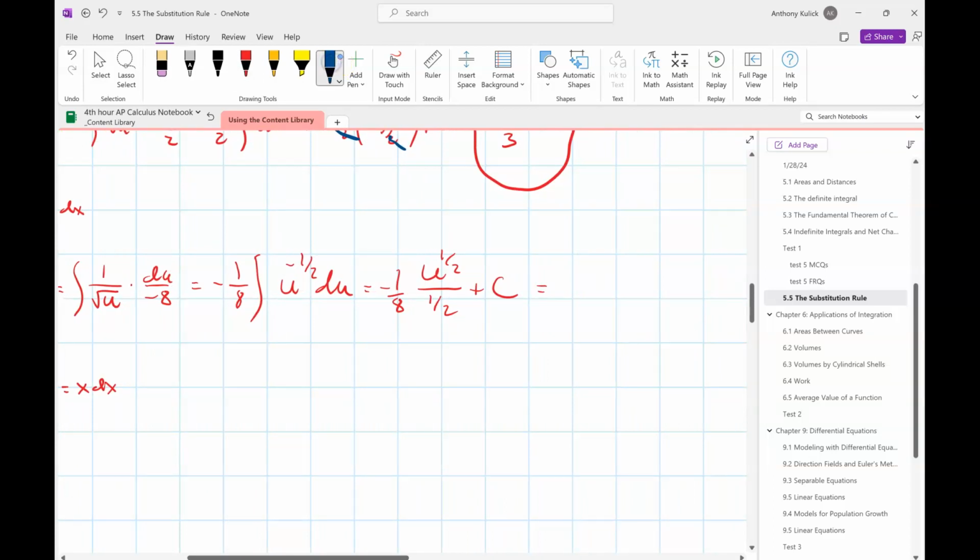So I multiply these two guys together, they reduce to 4. So I have 1 minus 4x squared to the 1/2 over negative 4 plus c.